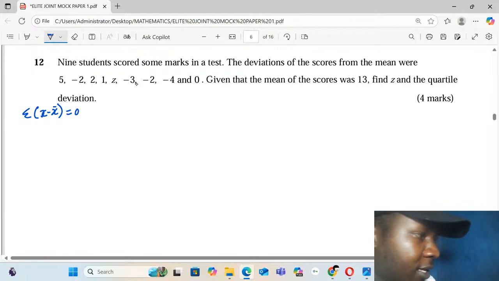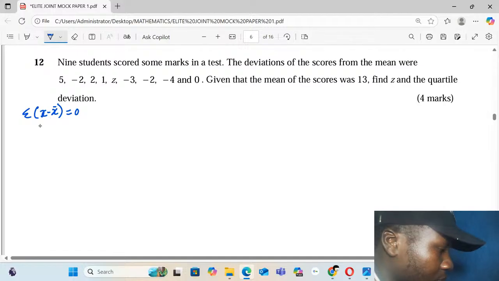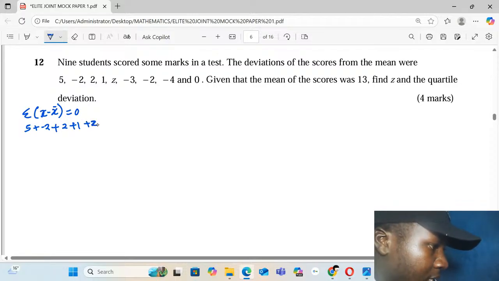Now we can add the numbers, whereby the numbers are 5 plus -2 plus 2 plus 1 plus z, then plus -3 plus -2 plus -4 plus 0, is equal to 0.